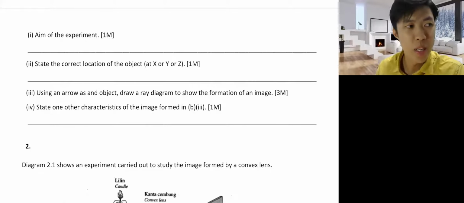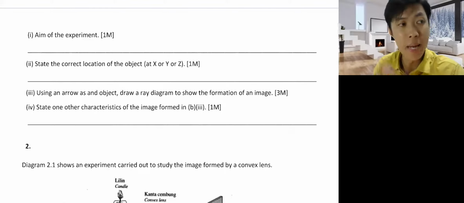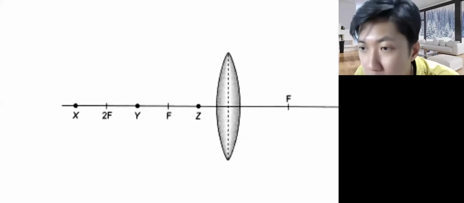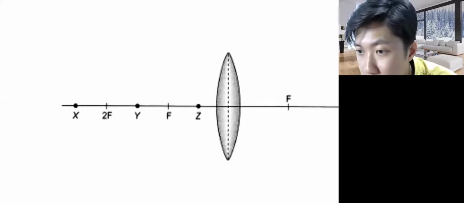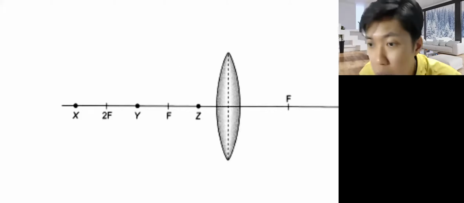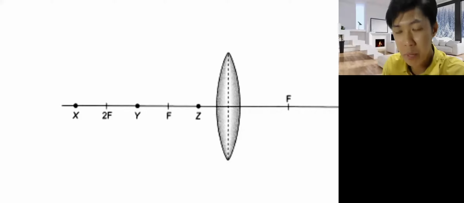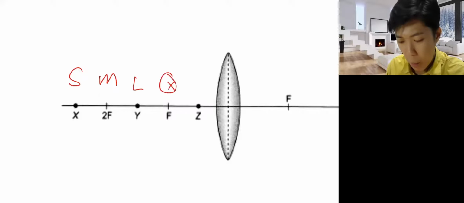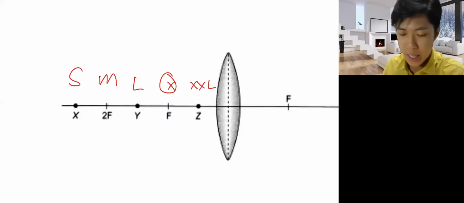So question number 2. That's when we need to decide where to place the object. Just now, Yi Xiang was saying behind F, and Jajun said between 2F and F. So this is when the arrangement comes into the picture again: S, M, L, XXL.